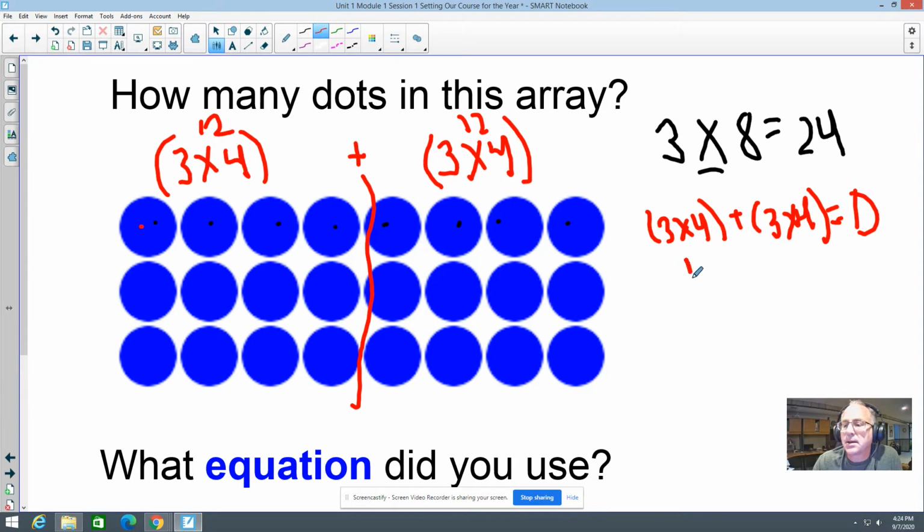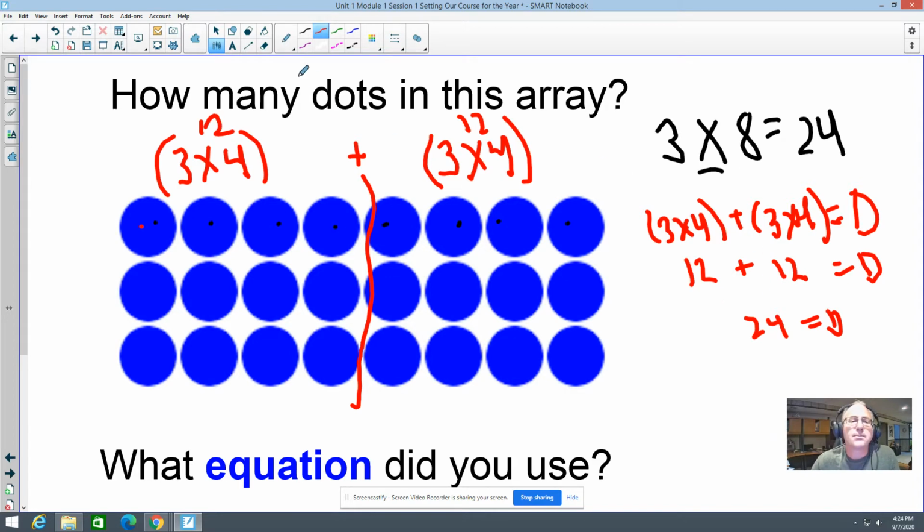And then you'd say, this is 12, do your parentheses first, plus 12 equals D, and 24 equals D. You could have also written this as 3 times 4 times 2, right? Do it that way.